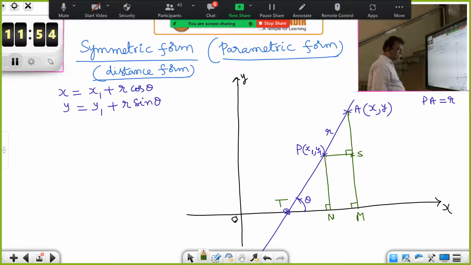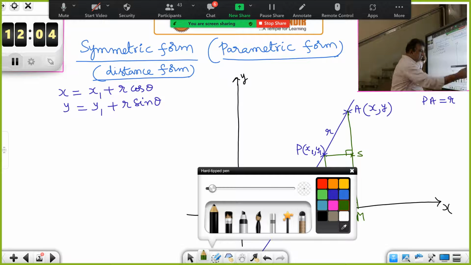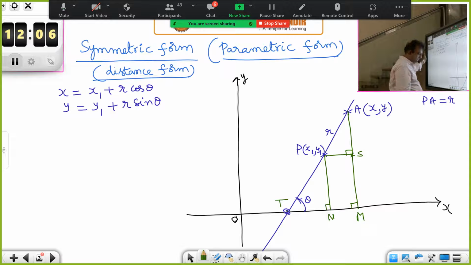Now, x1, y1 are the coordinates of P. Tanmayi, please answer my questions. x1, y1 are the coordinates of P, is it not?